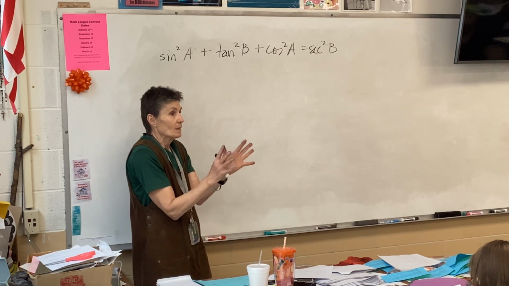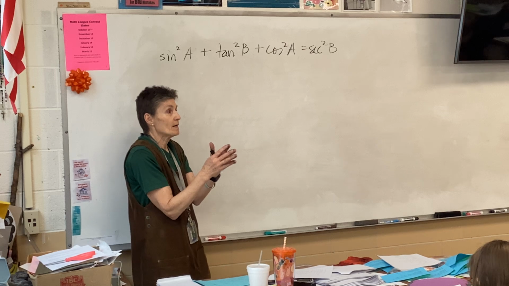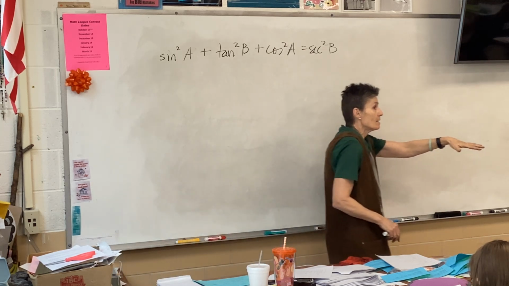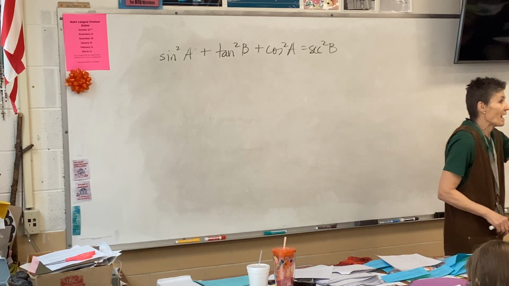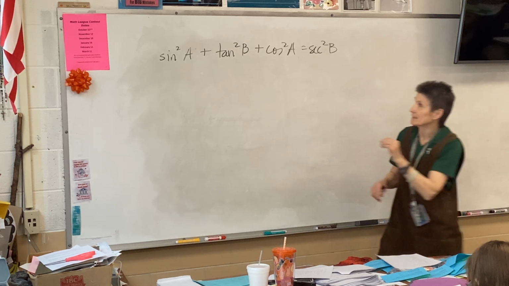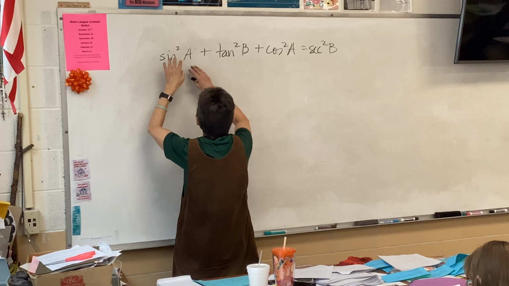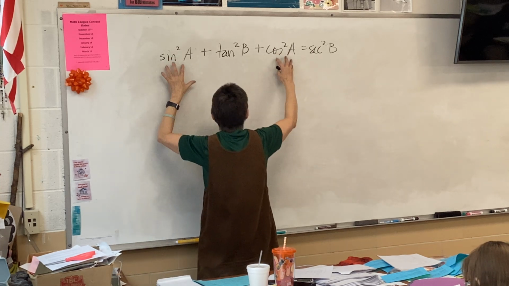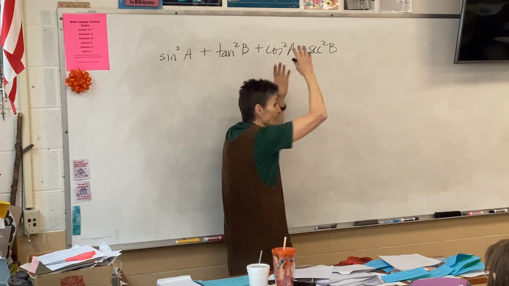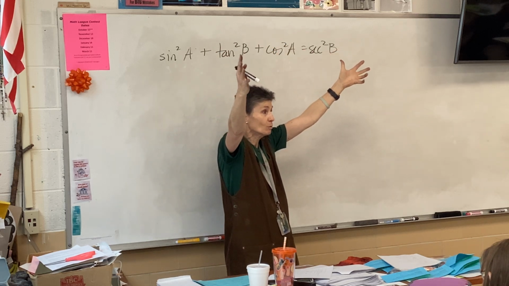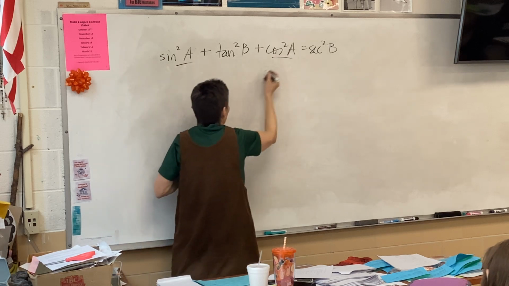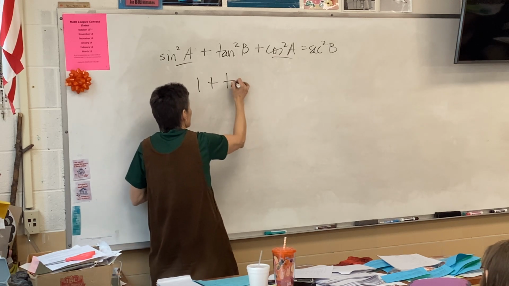If you're gonna use anything on your reference sheet, the variables have to match, okay? So you can't combine a sine squared A and a tangent squared B. They don't combine. But these 2 could be combined, and in fact, what do they combine into? 1. So now I have 1 plus tangent squared.